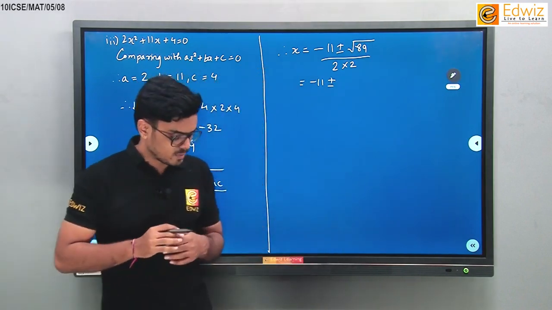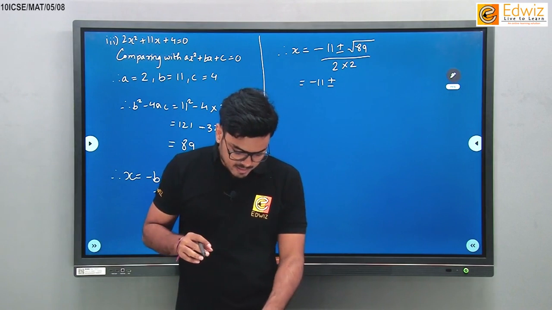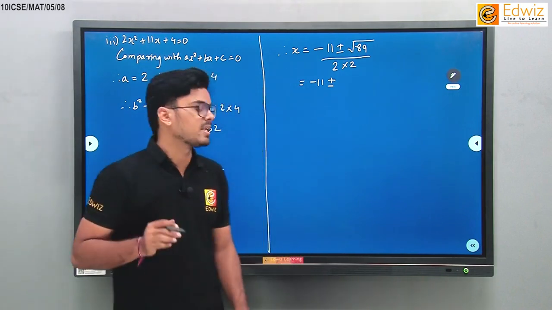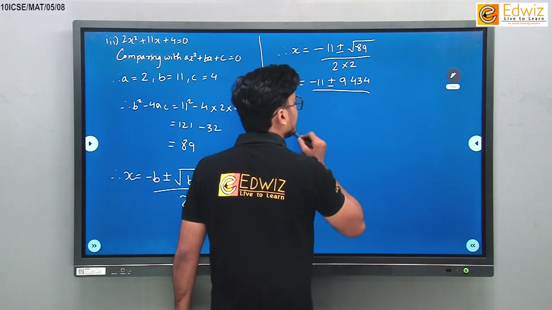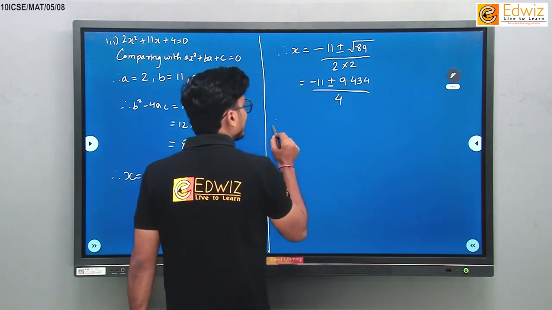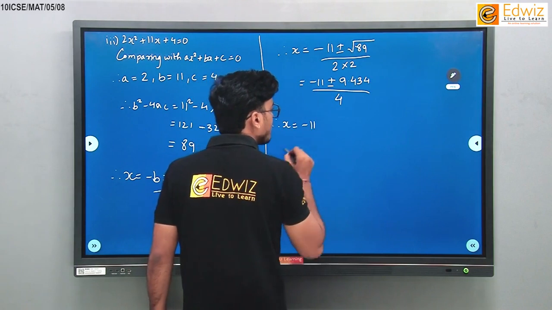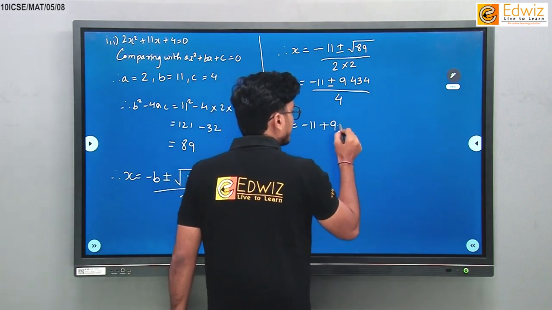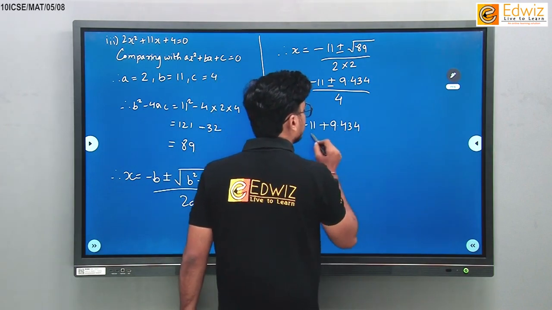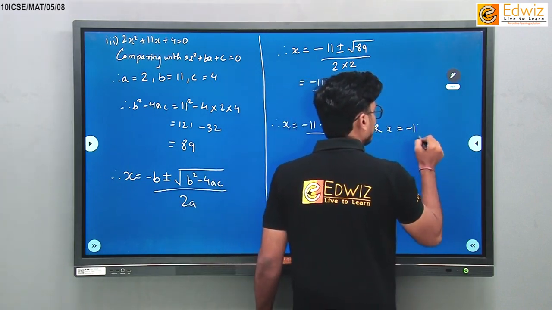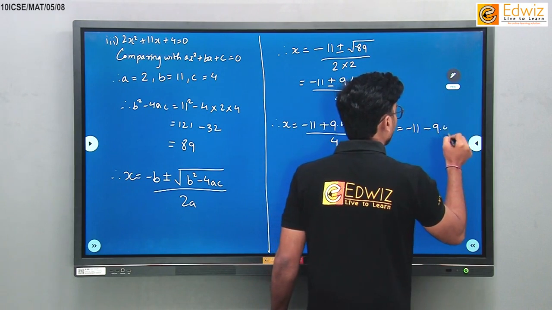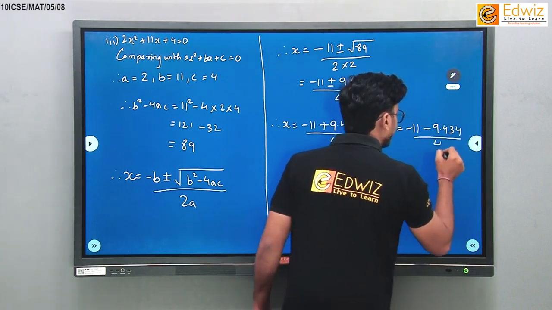As you can see from the table, root 89 is 9.434. So the value of x is minus 11 plus 9.434 divided by 4, or minus 11 minus 9.434 divided by 4.